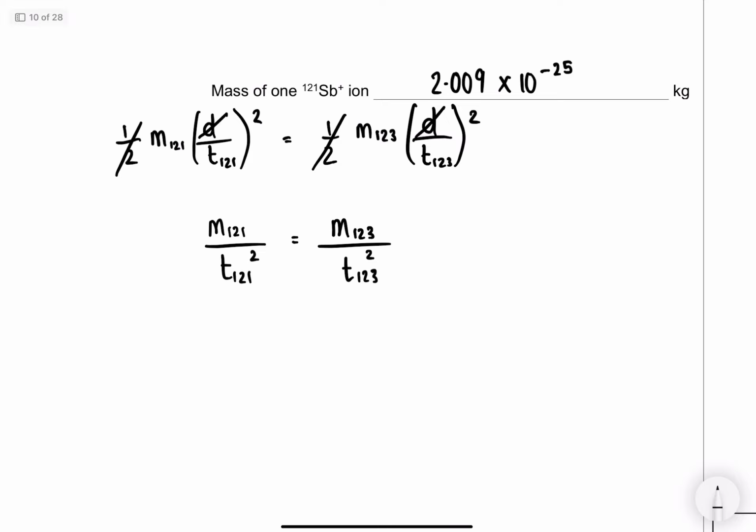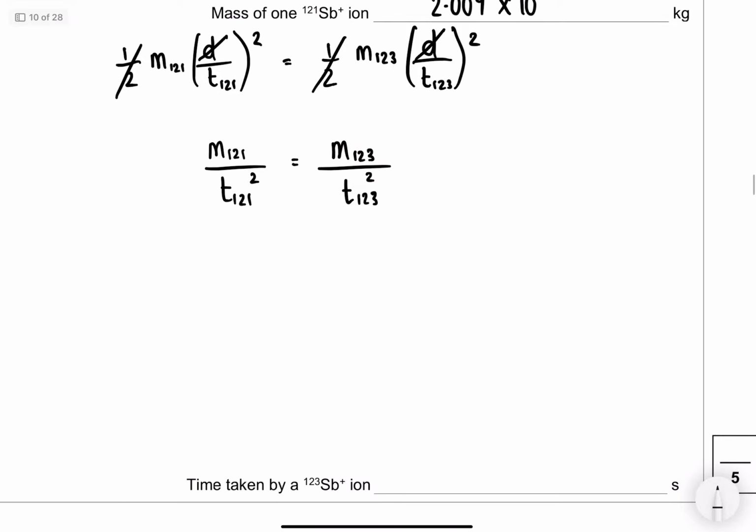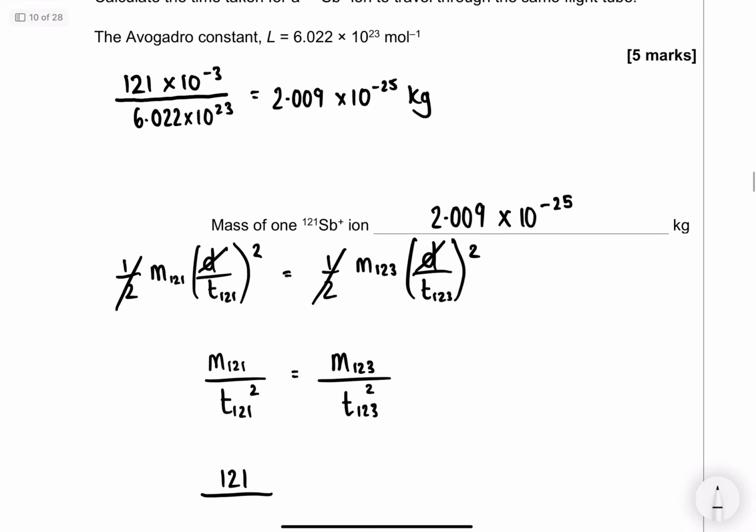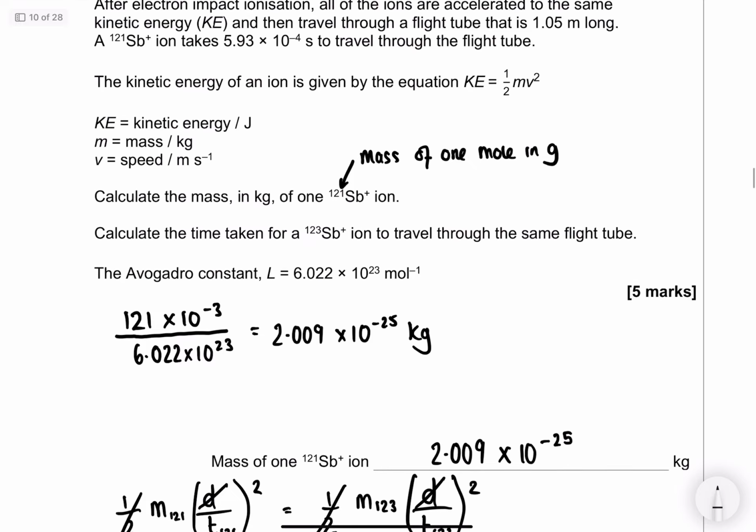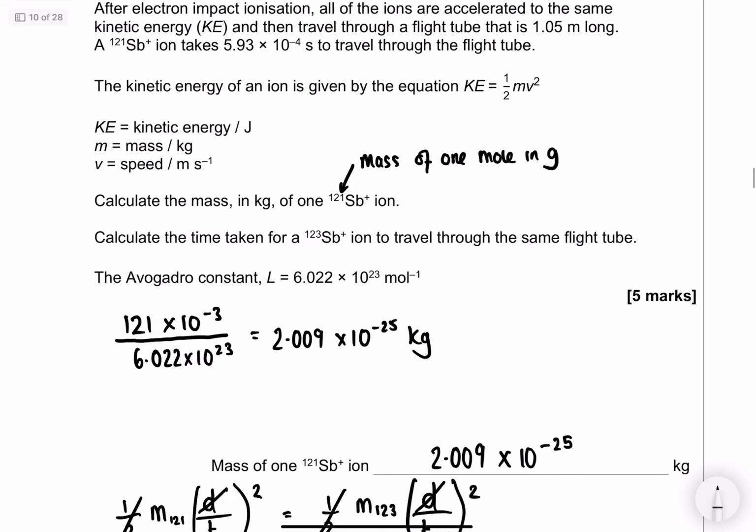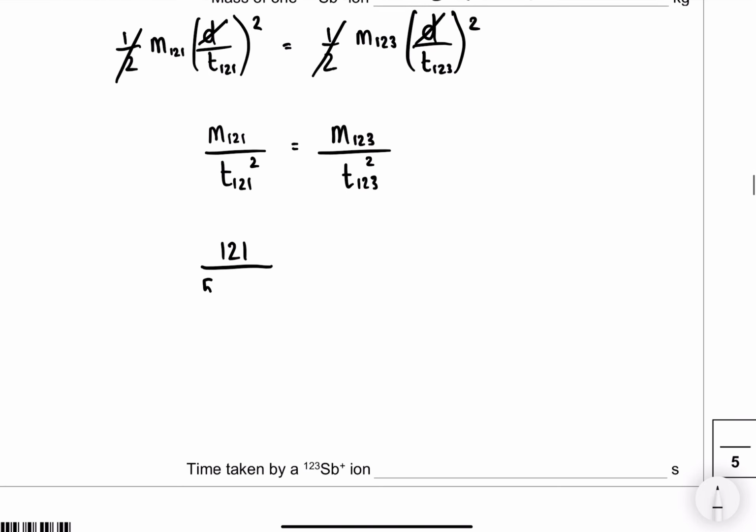And because the conversion factor for mass from grams per mole to kilograms for one ion would be the same for both, we can actually just put in 121 as the mass, and then the time for the 121 was 5.93 × 10^-4, and we can square that number, and we can say that that is 123 divided by the time of the 123 squared.